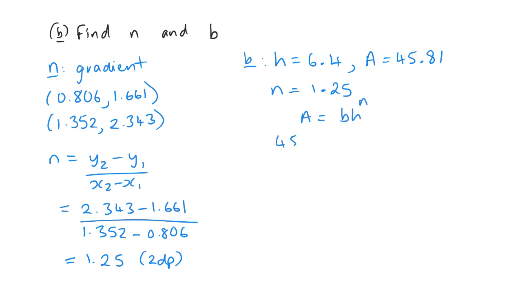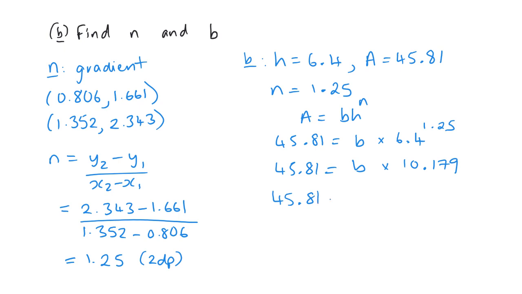So we get 45.81 equals b times 6.4 to the power of 1.25. So on your calculator, do 6.4 to the power of 1.25, and we get 10.179. Bring that across and divide by it, and that gives us b, and b turns out to be 4.5.